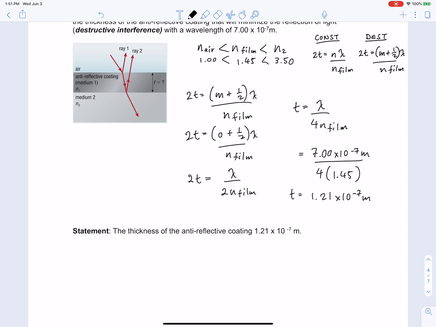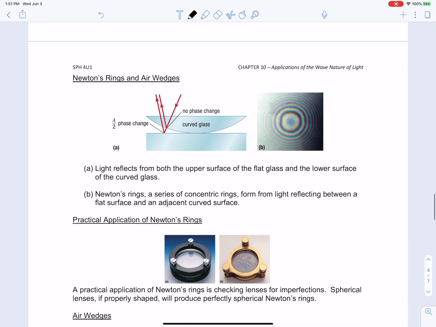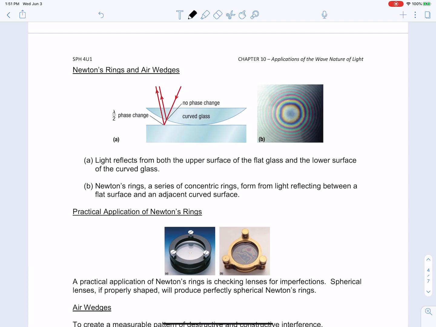Okay, we're going to move on to another concept called Newton's rings and air wedges. If you place a glass disc with a convex surface in contact with a flat glass surface, as shown in the diagram, and illuminate it with a beam of light, a phenomenon called Newton's rings occurs.